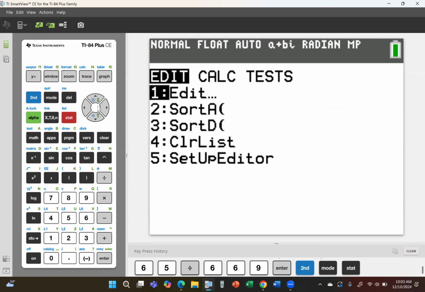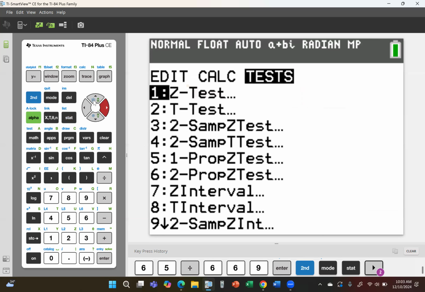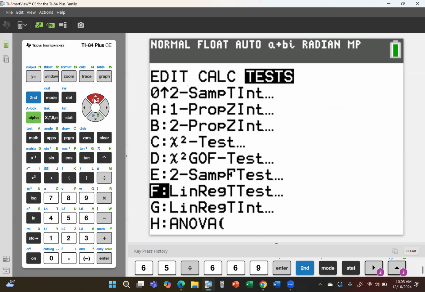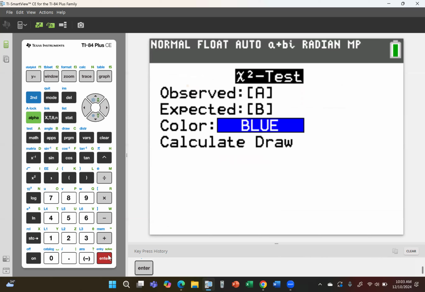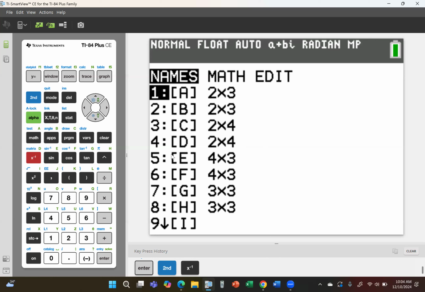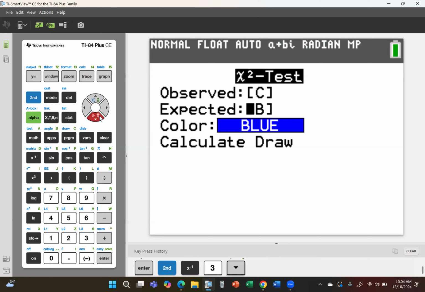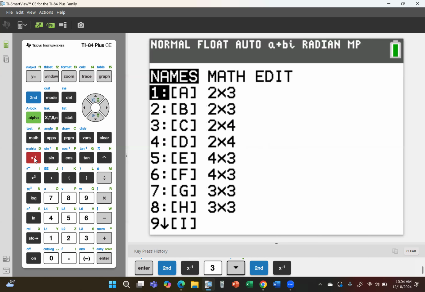So we're going to go stat, test, and find our chi-squared test, which is C. And I put my observed values in matrix C. So we go to our matrix menu, second inverse C, number 3. And I put my expected values in matrix D. So second inverse to my matrix menu and number 4.